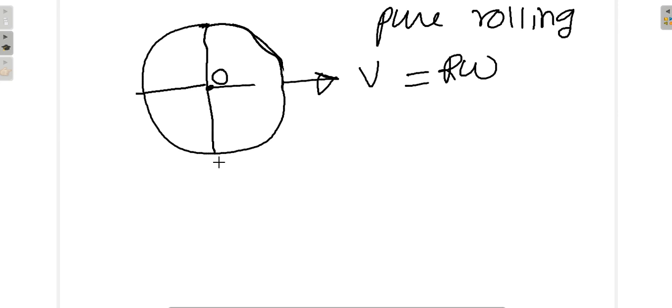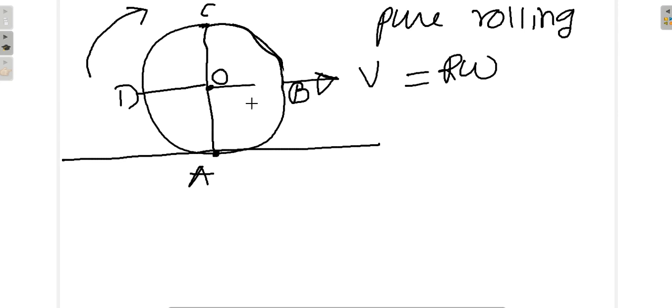Rotational velocity, or omega, rotational velocity is along the tangent. So there are two velocities. Translational velocity is always to the right, whereas a velocity due to rotation, that is due to circular motion, is along the tangent. All of you know that. So let us consider various points, say point A, point B, point C and point D. Let us assume that the rotation of the sphere is along clockwise direction.